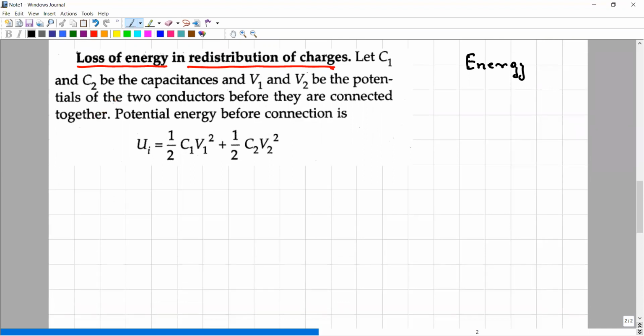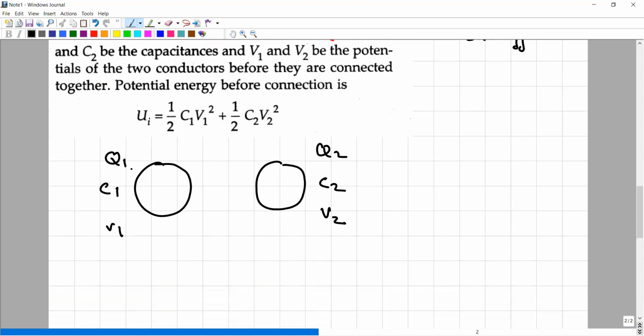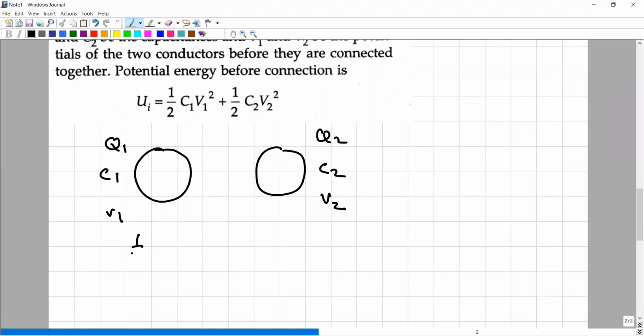So initially both these conductors or capacitors have Q1 charge, C1 capacitance, V1 potential, Q2 charge, C2 capacitance, V2 potential, and they had energy as half of C1 V1 square and half of C2 V2 square.